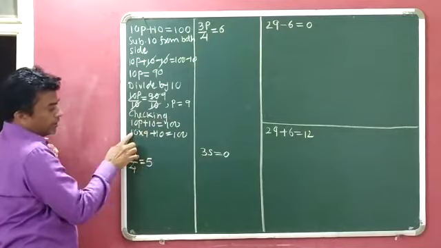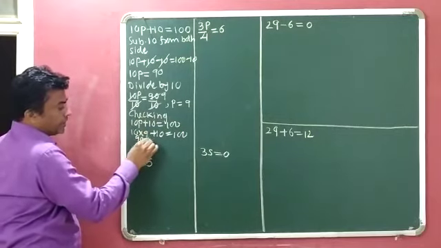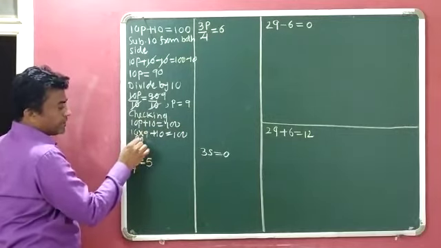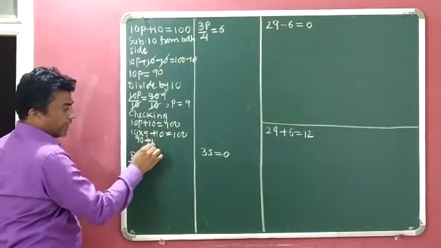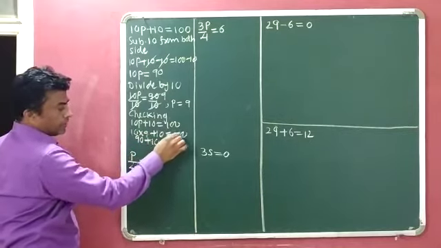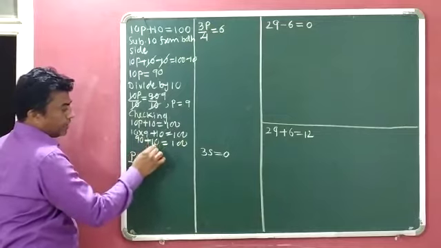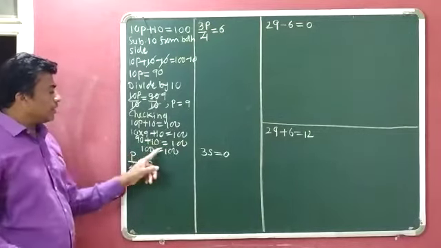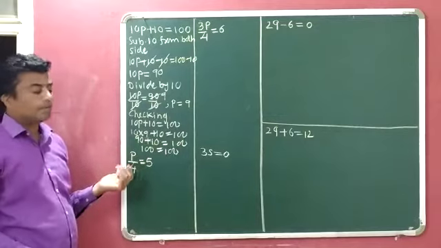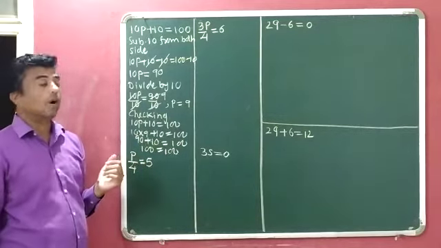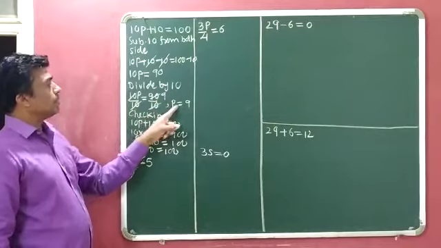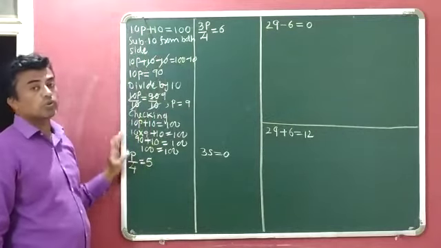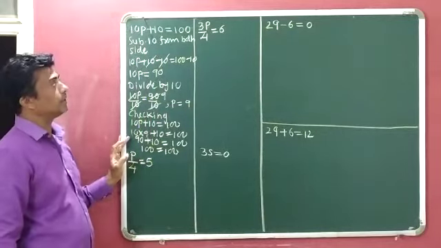Now 10 nines are 90, plus 10 is equal to 100. Now 90 plus 10 is 100, so 100 is equal to 100, the same thing, meaning LHS is equal to RHS. So p is equal to 9 is the right solution of the given equation.